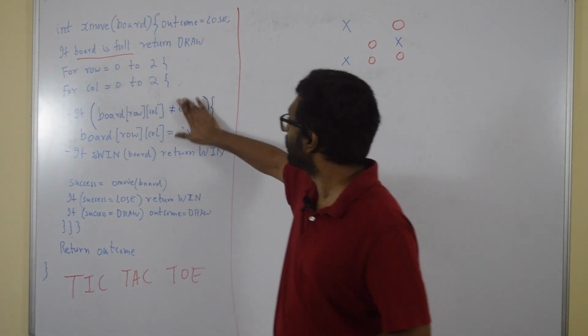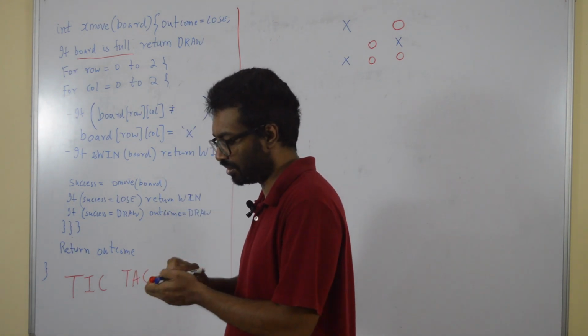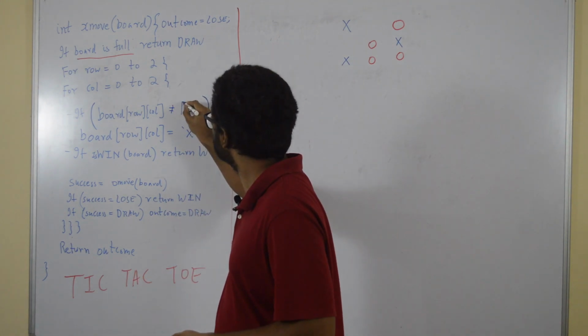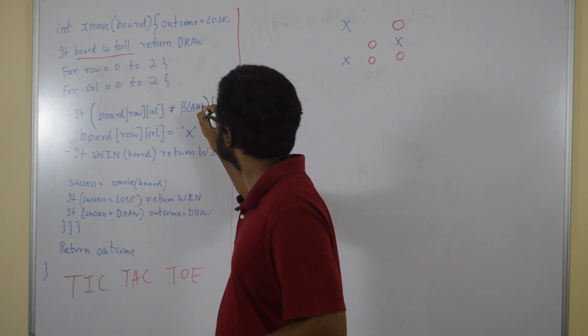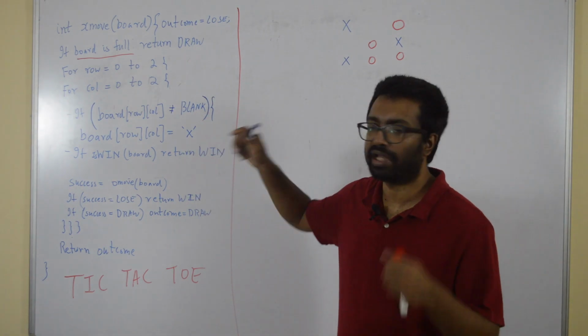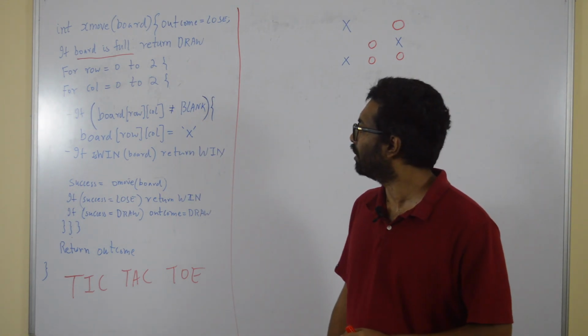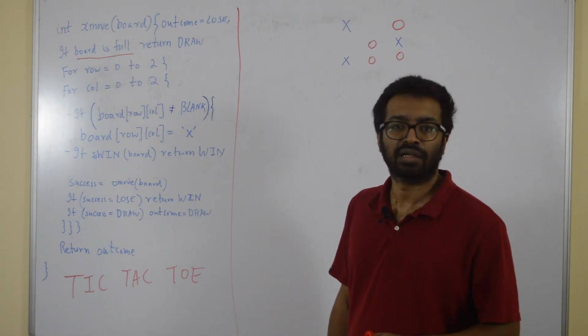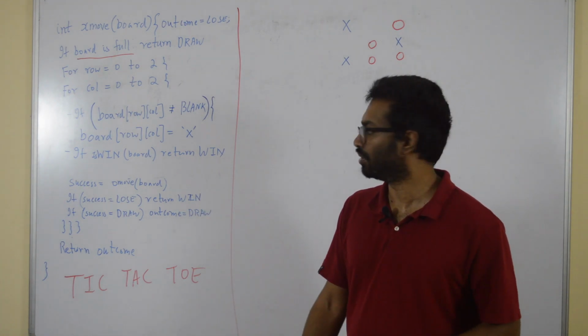So we use the fact that it's blank. If that position is blank, I'm going to put x there, and I'm going to check if it's a win or not.